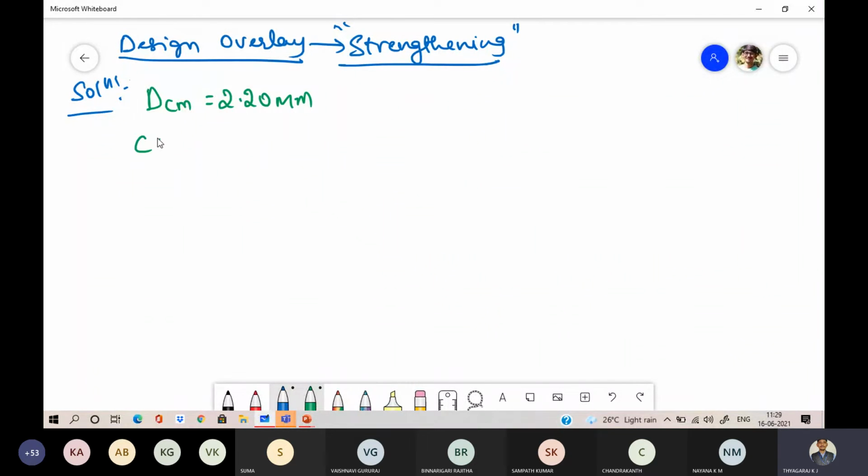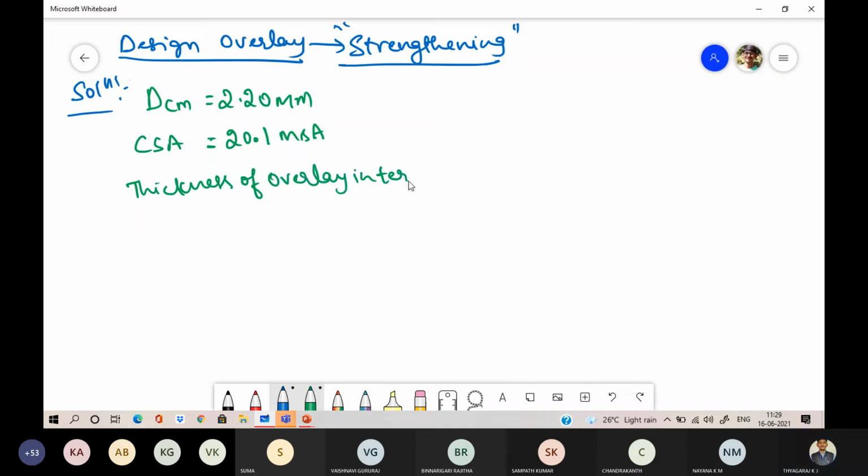Then what is the cumulative standard axles given? 20.1 MSA. So we have to determine the thickness of overlay in terms of DBM and BC.